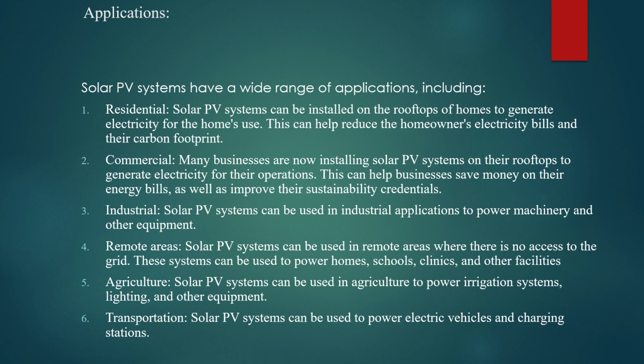The fifth one is agriculture, the most important one. Everyone knows how important agriculture is, and we have to develop more in the agriculture field. Solar PV systems can be used in agriculture to power irrigation systems, lighting, and other equipment. Transportation: solar PV systems can be used to power electric vehicles and charging stations.